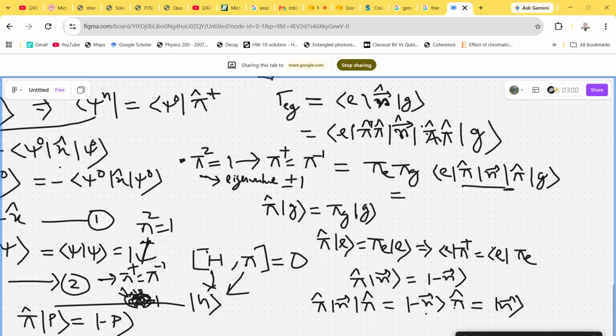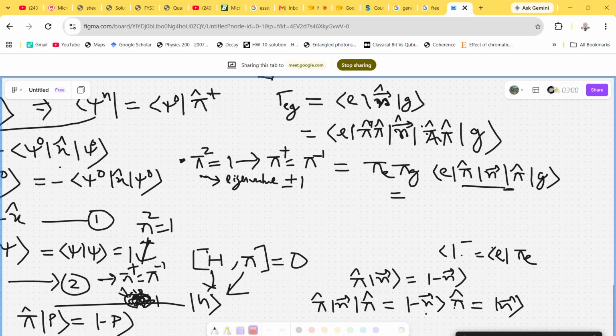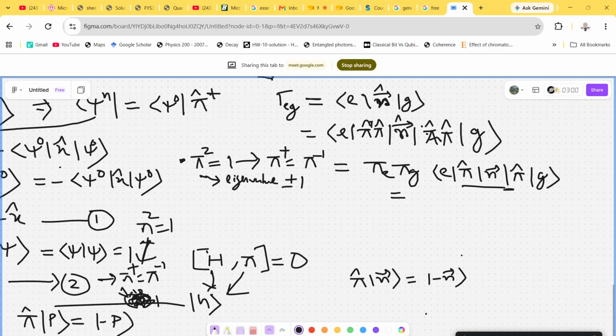Wait a minute. Something I'm doing, okay, let's do this part again. Something is wrong. Okay, pi cap r is minus r. Then this portion.